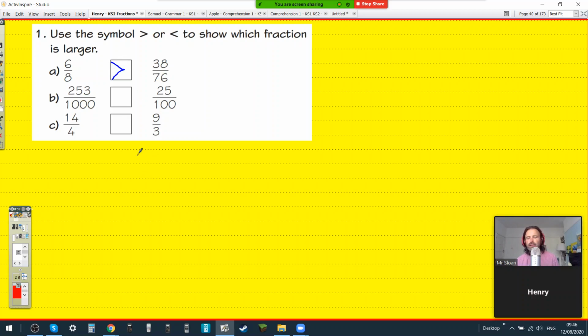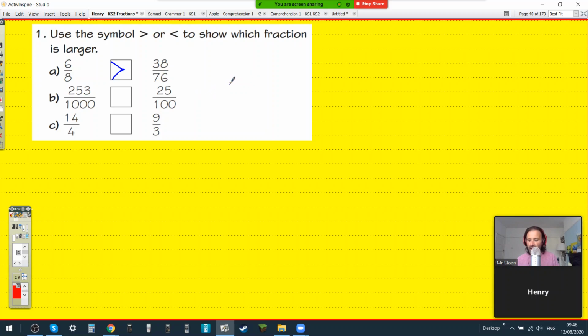And then 253/1,000 is more than 25 hundredths because 25/100 is also known as 25%, and 250/1,000 is also 25%.